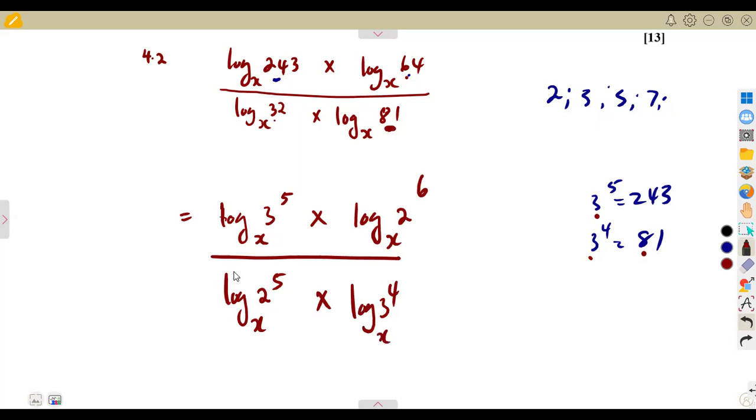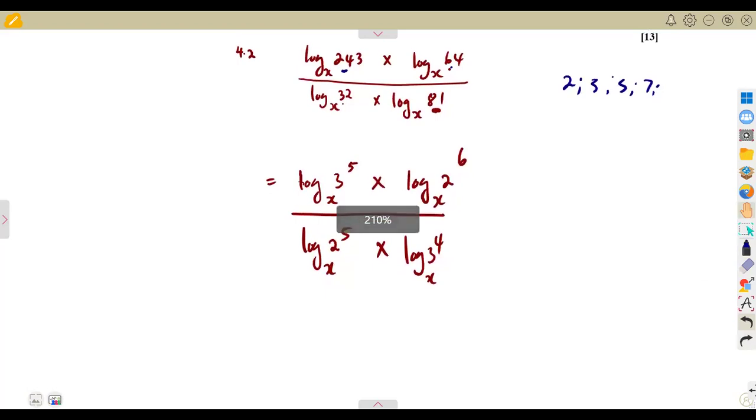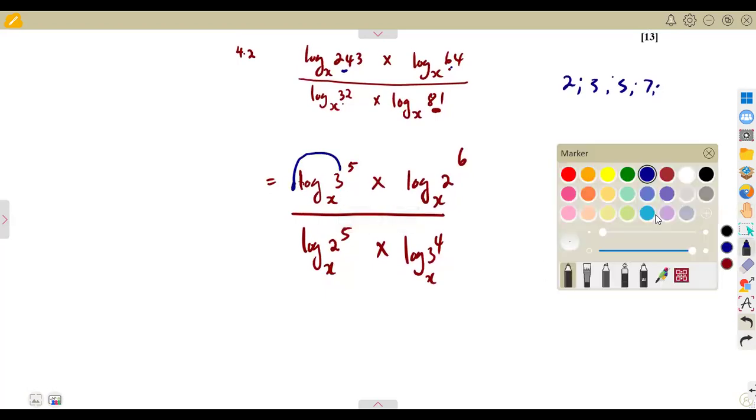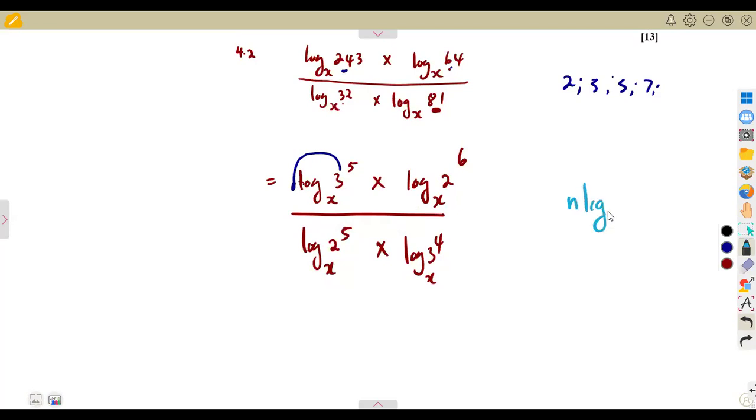Remember I said before, if we are given an exponent, multiply that to a log. Whenever there's an exponent, it multiplies the log. So I'm going to drop this exponent. That means if I'm given n times the logarithm of a, this is the same as the logarithm of a to the exponent of n.